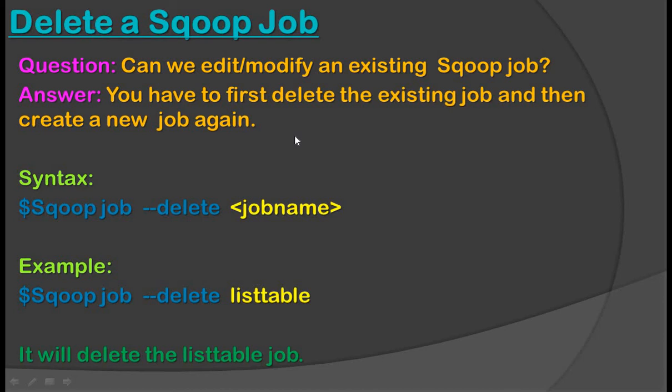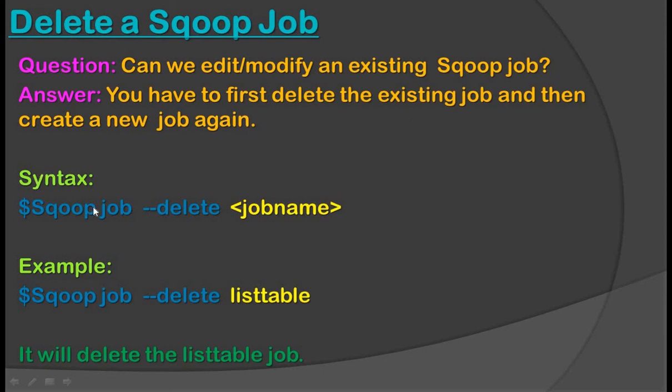I saw somewhere that in Scoop 2 we can edit the Scoop job, but I have not used that yet, so I am not confirming whether it is possible. But this is confirmed: you can first delete and then create a new job. So whenever anyone asks whether you can edit or modify an existing Scoop job, this answer is 100% true in Scoop 1.